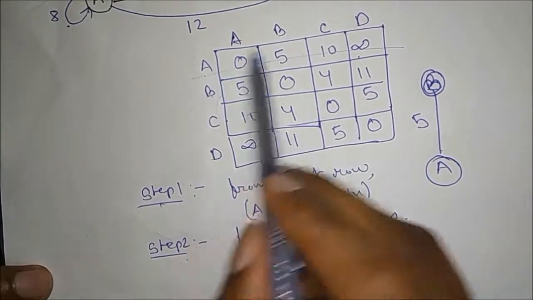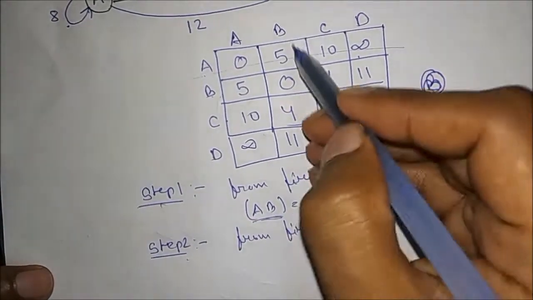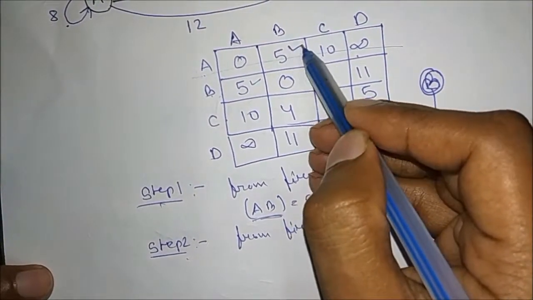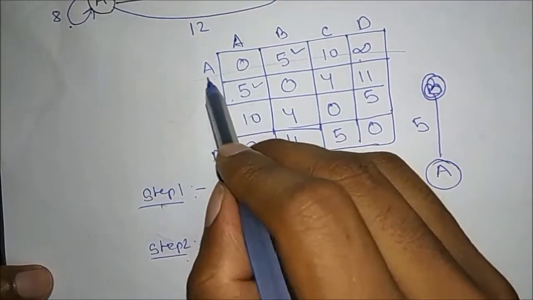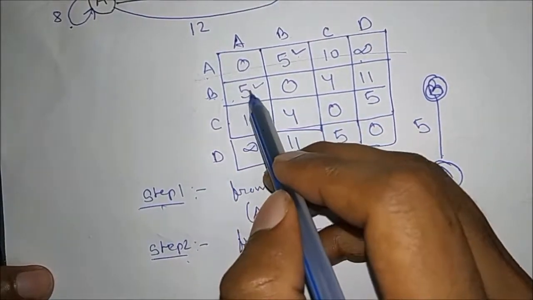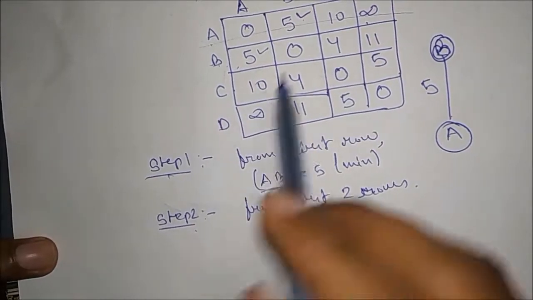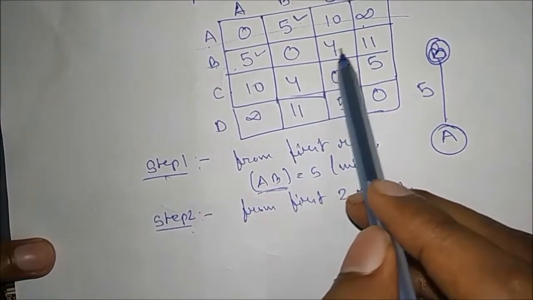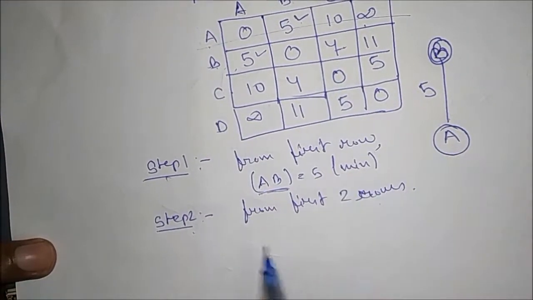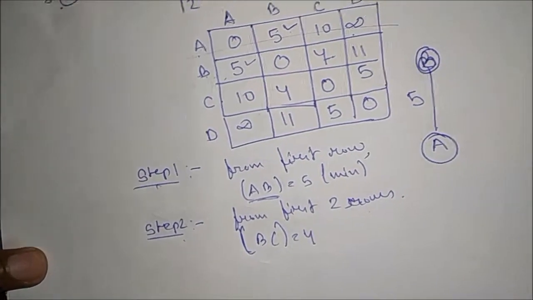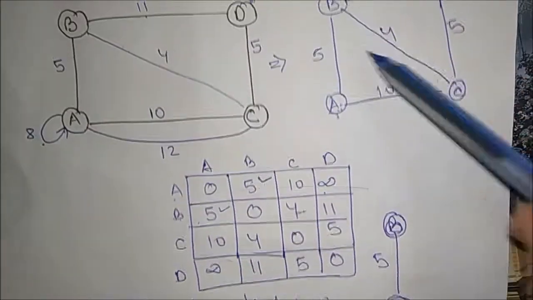A to B we got as 5 in the first case, so this is over. I'm marking it, because A to B is 5, and B to A is also 5. From the first 2 rows the minimum distance we got is B to C, which is 4. So now we'll join BC.